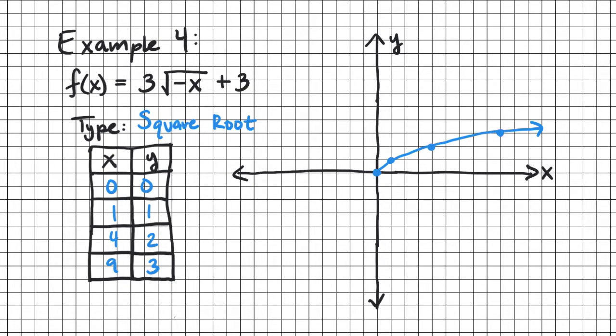Okay, so let's see what's happening here. Looks like we have two things happening, and I'm trying to decide what color to use, because I know for the plus 3 it's going to be vertical and up, but there's a negative inside the square root and a 3 outside.